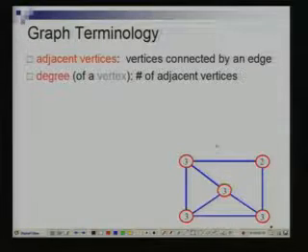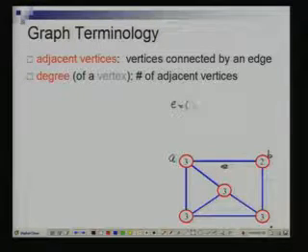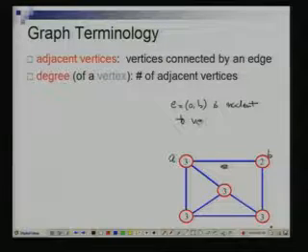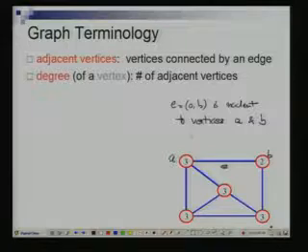So, if I label this, let us say this vertex is vertex A and vertex B, and this edge is E. So, E equals AB is incident to vertices A and B. This edge is incident to these two vertices. Similarly, this edge is incident to this vertex as well as this vertex.